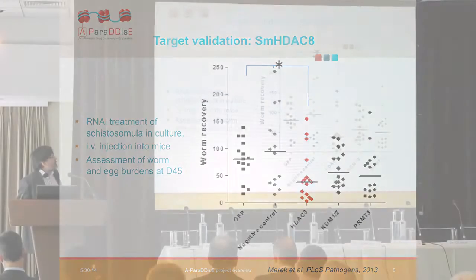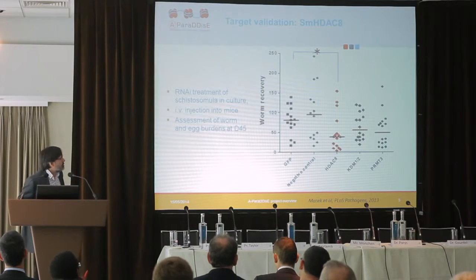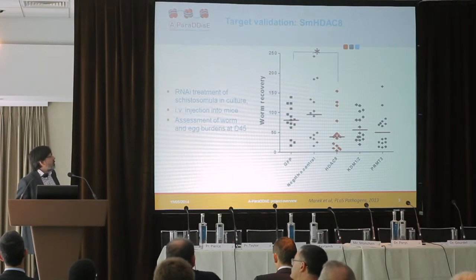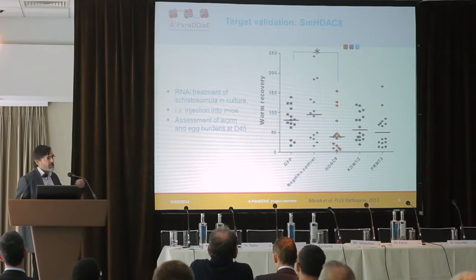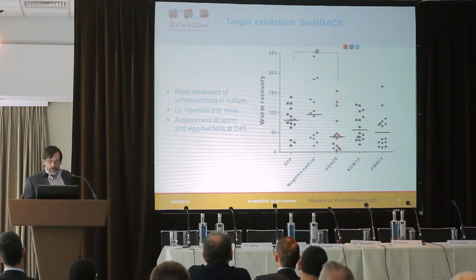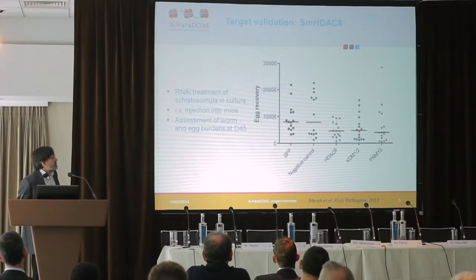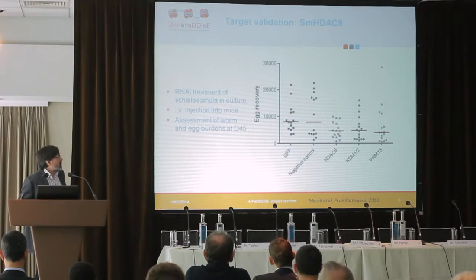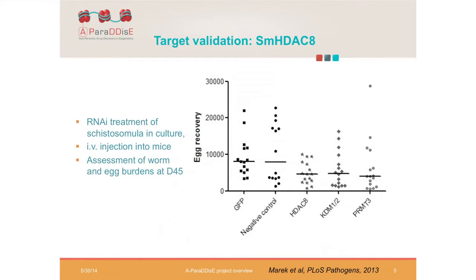But we have to re-inject these back into mice after treatment and then assess worm and egg burdens 45 days after this reinfection. So this was done for histone deacetylase 8. As you can see, there is a significant reduction in worm burdens, and this was true especially for egg burdens as well, after this treatment compared to the controls.